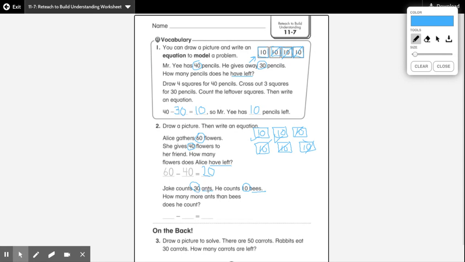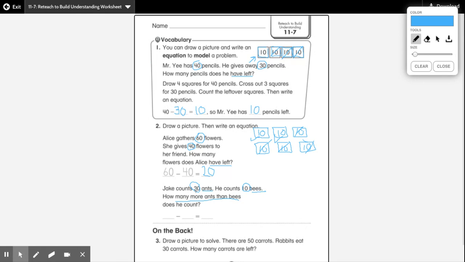Jake counts 30 ants, and he counts 10 bees. How many more ants than bees does he count? So how many more tells me to subtract, first grade, when we're comparing two different things. And remember that model when we partnered up what we were comparing? We're going to do that for this one.